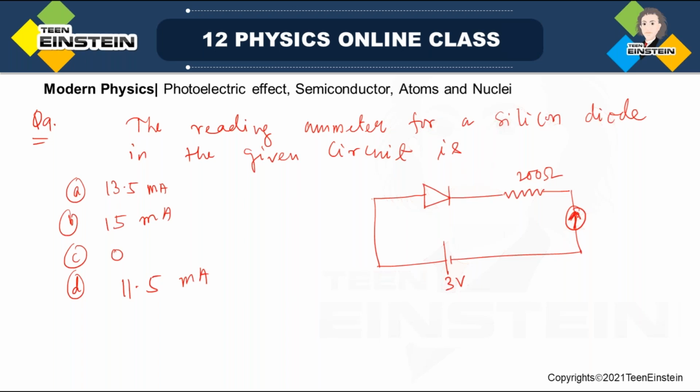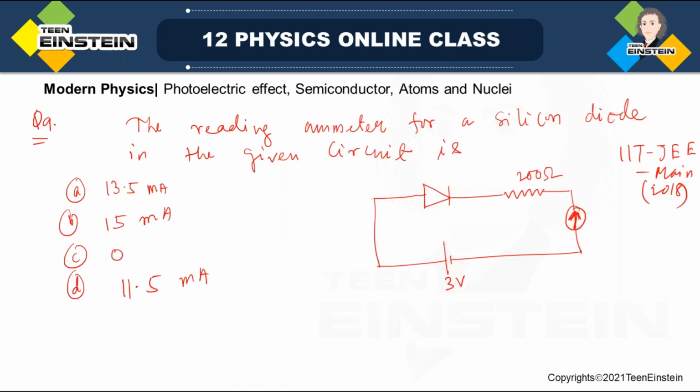You have to see the reading in the ammeter. So what will be the reading in the ammeter? This is a question from IIT JEE Main, 18th question. We have solved this question. Let us read once again. The reading of the ammeter for a silicon diode in the given circuit.